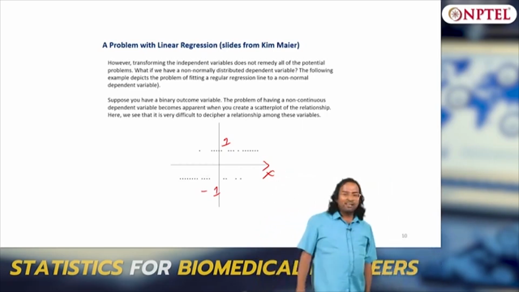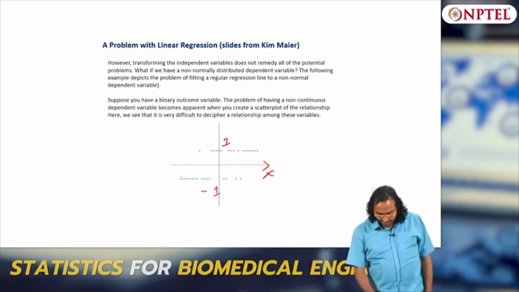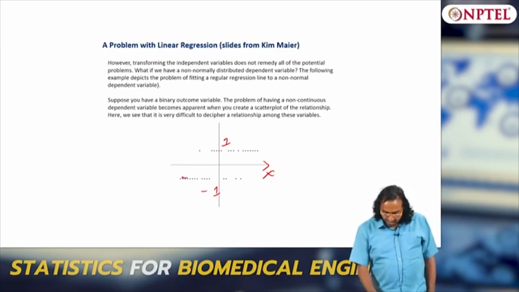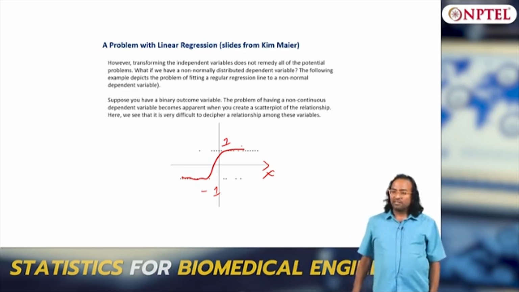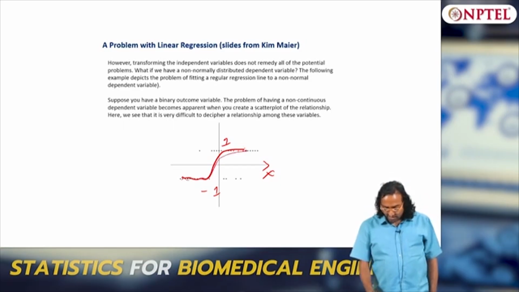Without jargon, it is an S-shaped curve. I am just using this graph to explain. I would like to fit like this, from -1 to +1. I want to fit a continuous graph, so I will just start here and then jump there.